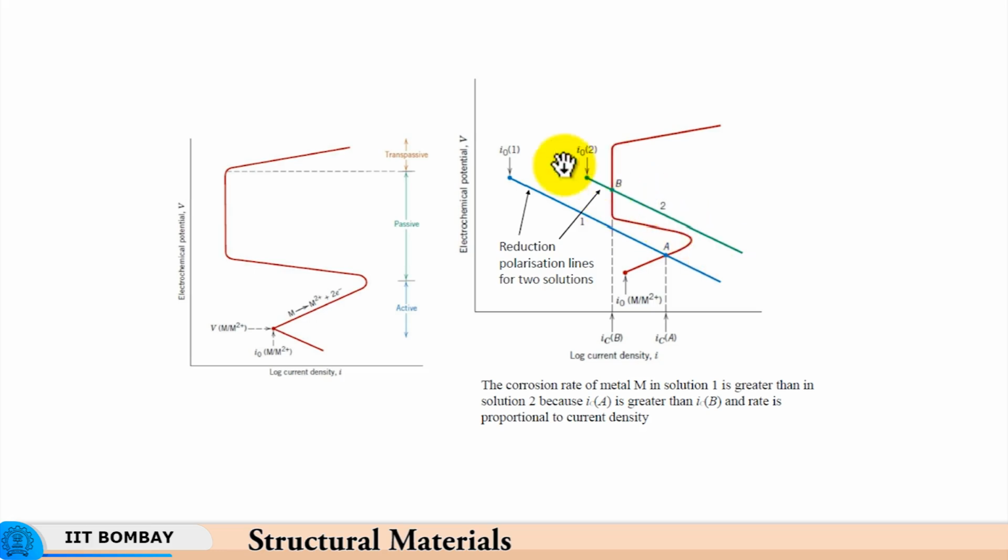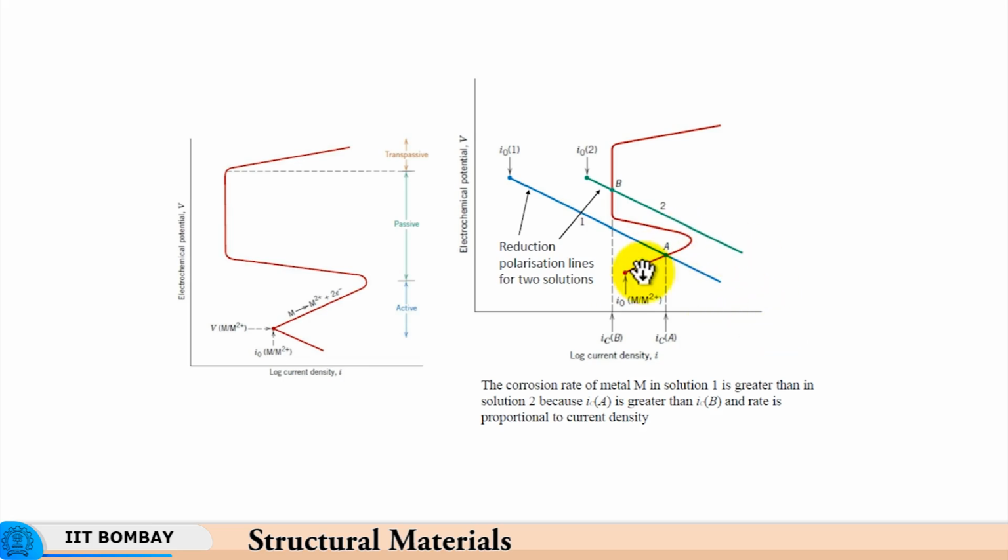Then because of this high electrochemical potential, the intersection occurs in the region of passivation. So, here you have a much smaller current that is established, due to which the corrosion reaction is extremely small, and therefore it's extremely unlikely to get corroded fast.